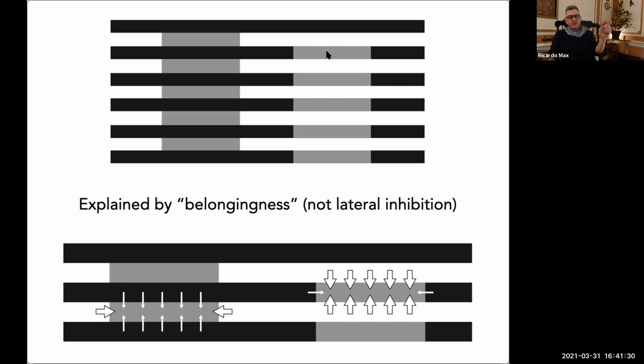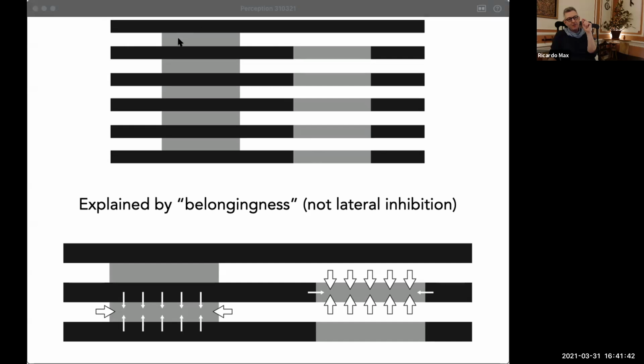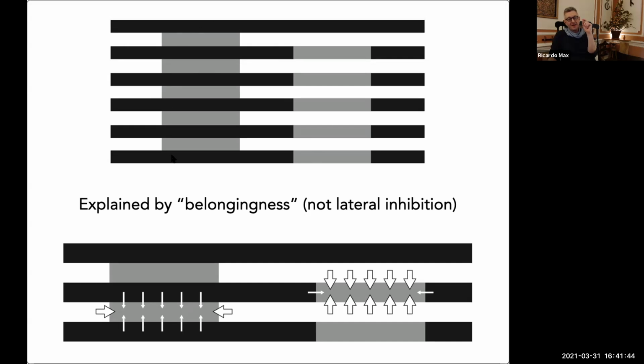So our system is perceiving gray on black in this case and gray on white in this case. So it is lateral inhibition, but not in the initial stages of the visual pathway.